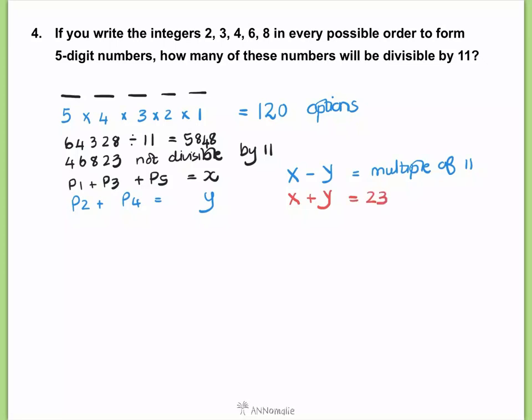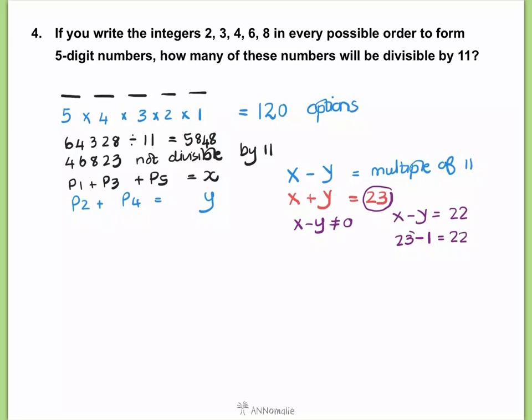Now, what could x minus y possibly be? Because this number is odd, x minus y cannot equal 0. And then if we look at x minus y equal to 22, that will only be possible if we could say 23 minus 1, which will then equal 22.